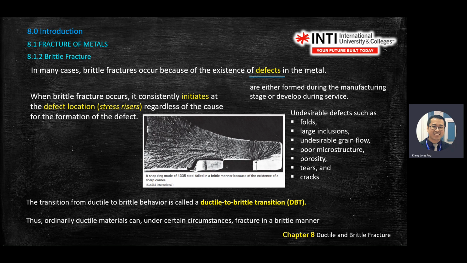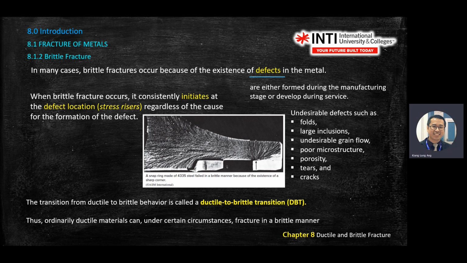So this is the area where the crack or fracture is happening. You just follow it like a river, you follow upstream. Then this is the area where the fracture starts to happen. This area has a stress raiser, and we try to avoid sharp corners in all our engineering design.